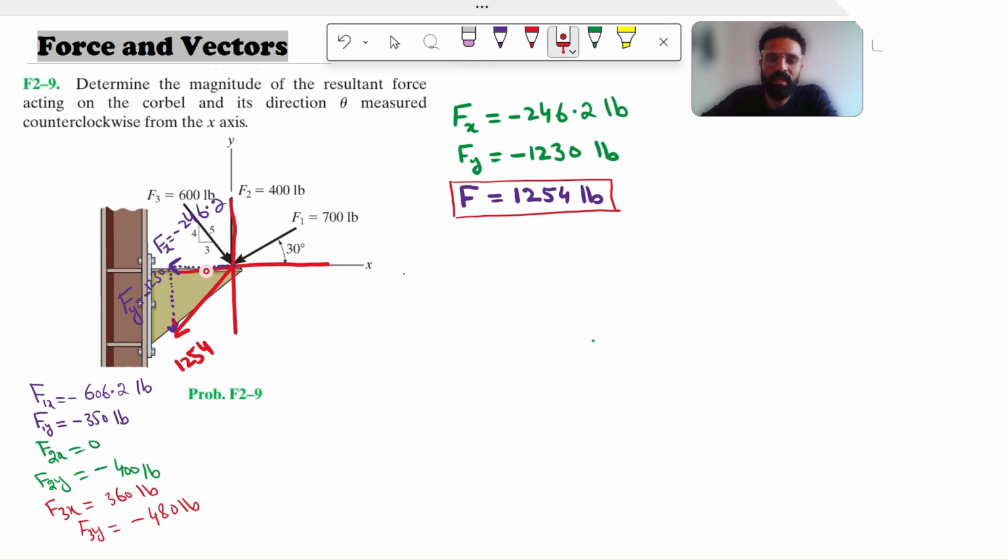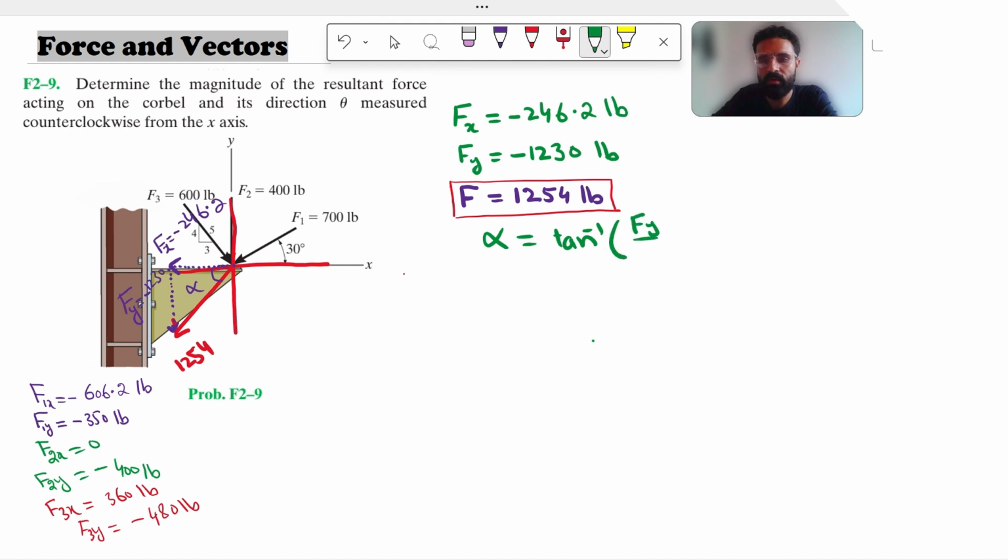I will be applying tan theta for this because this is the base and this is the perpendicular. So I need this angle. I am assuming this angle is alpha. So now I will be doing the calculation for alpha. So alpha will be equal to tan inverse of perpendicular over base.